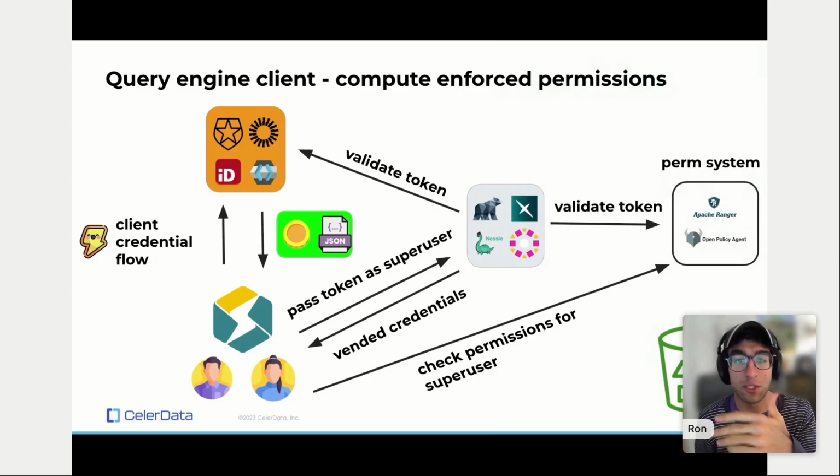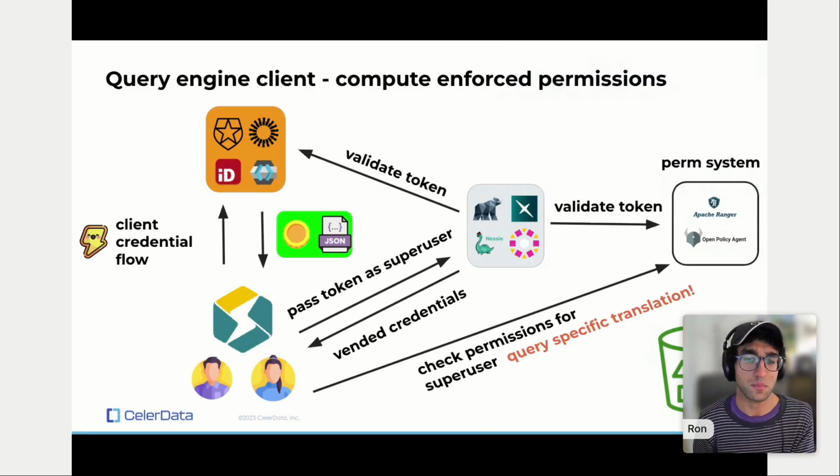So earlier, we just validated whether the token was valid with the permission system. We check permissions with these vended credentials, and then once we get confirmation on the permissions for the super user, we have to realize that this is a query-specific translation because we have to set an integration up with this external permission system to understand what its permissions are for the super user. So this is query engine specific. This is not some universal spec. This is nothing that is built into the catalog.